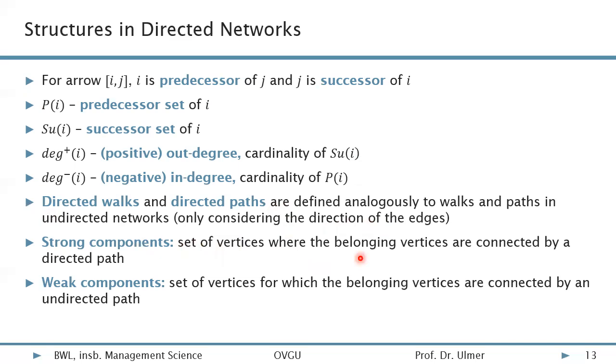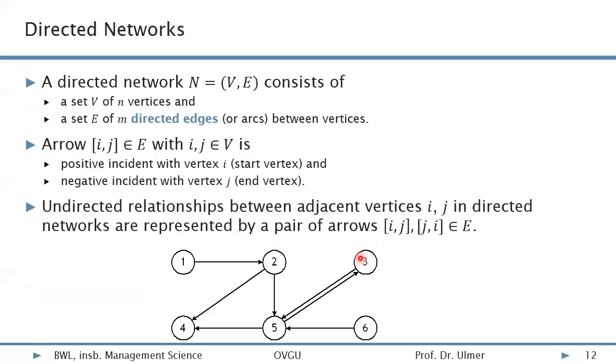And weak components where they are somehow connected, but it doesn't need to be in the direction. So for example, this one, 2, is weakly connected to 1, and 1 is strongly connected to 2. Because if we ignore the direction, we could go to 1, but if we consider the connection, we can only go from 1 to 2.